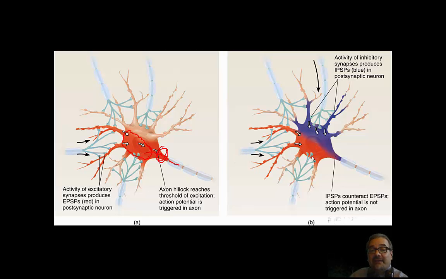On the other hand, even if you have enough excitation, if another neuron is telling this postsynaptic neuron to inhibit, if it's opening chloride channels or potassium channels that are both inhibitory, IPSPs, what you're going to get is an inhibitory process that results in no triggering of the axon hillock. So this is showing you that a balance like this will result in non-triggering of the axon hillock, as opposed to a clear triggering of the axon hillock because of the overabundance of EPSPs.